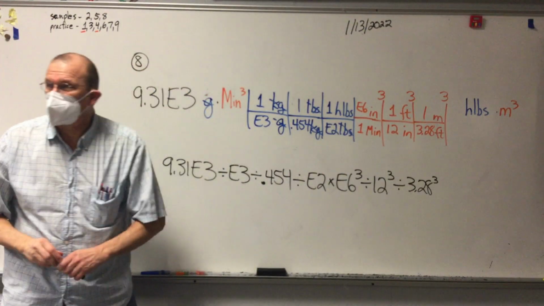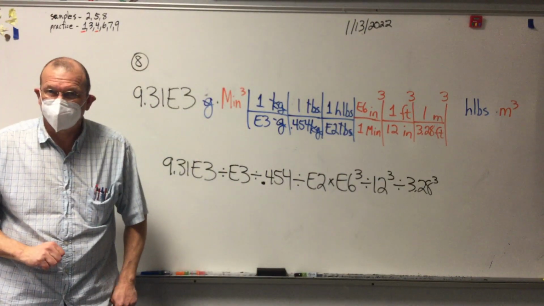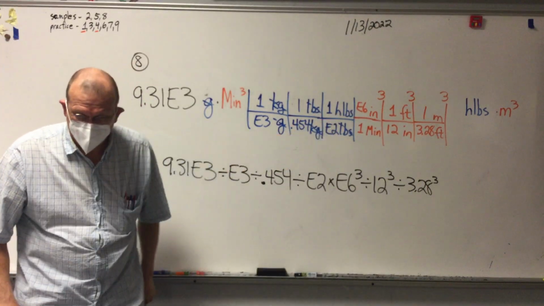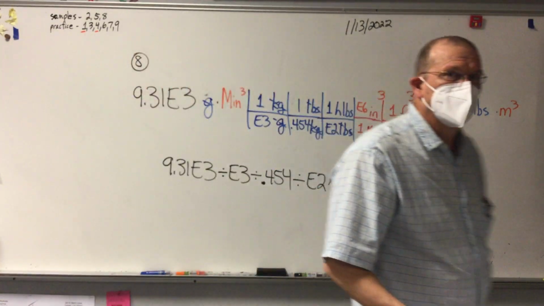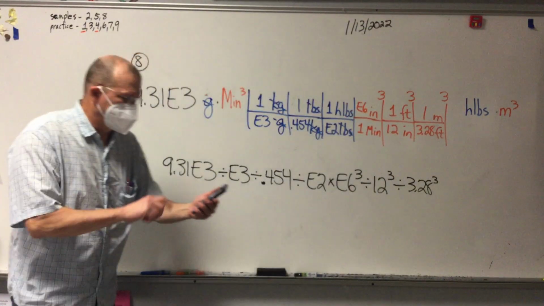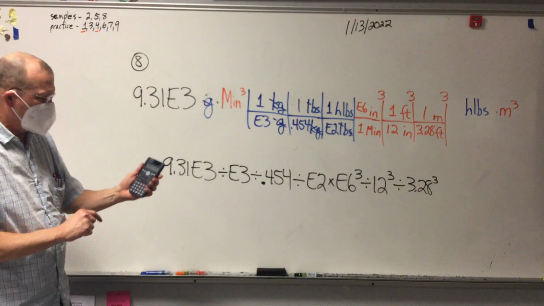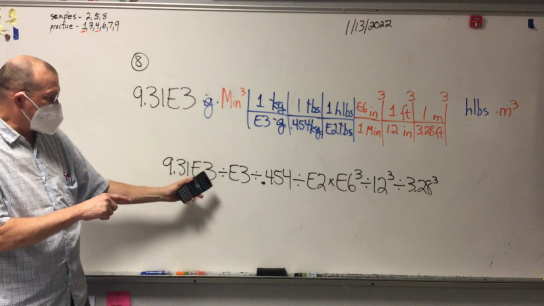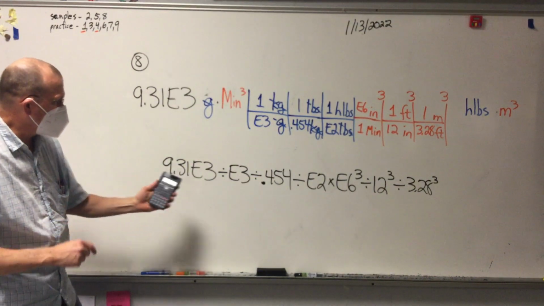So at this point, it's time to calculate. If anybody needs a calculator, they're up on the wall. Wow, you guys are on top of things. Okay, so we have 9.31, and remember to get the exponent, or this capital E, you use the EXP button. Then we have the 3.